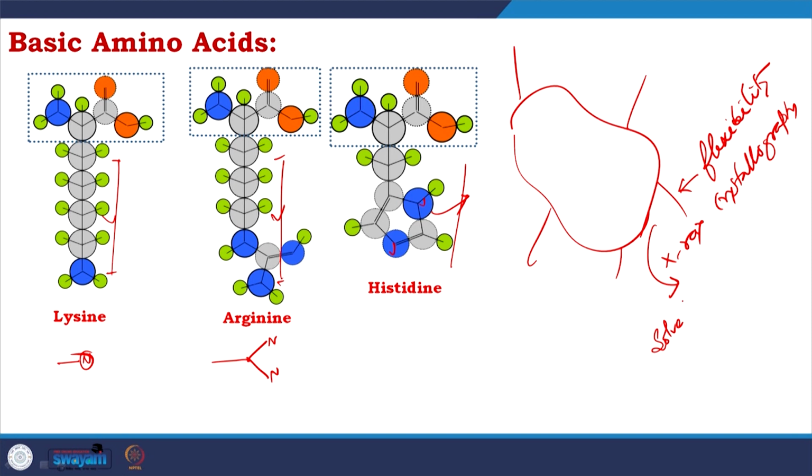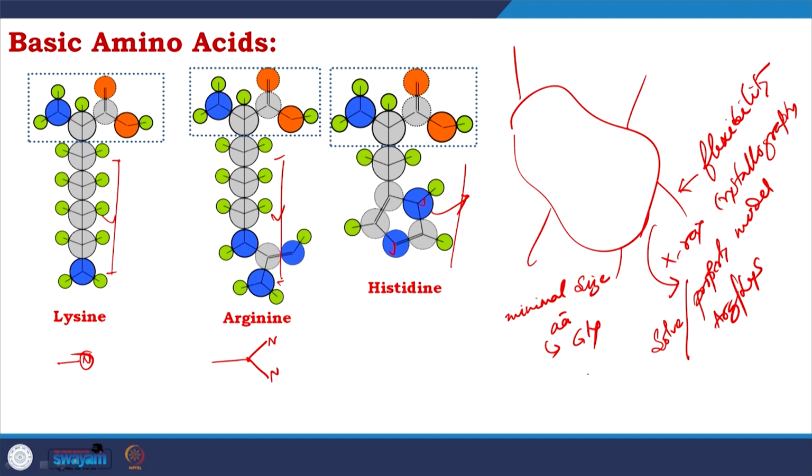When I say solve, I mean properly model arginine or lysine. So, what do we do? We model it with the minimal size amino acid, which is glycine, right?